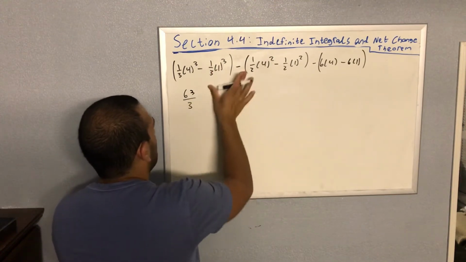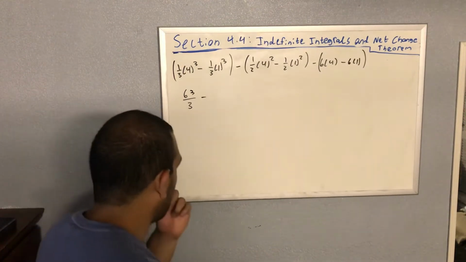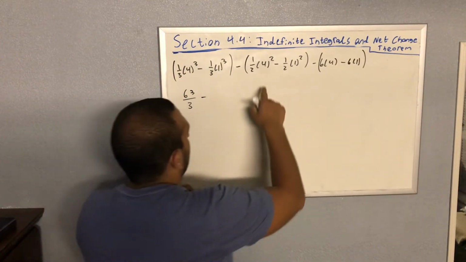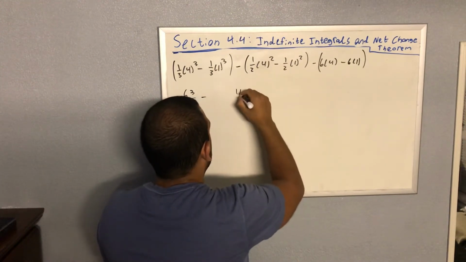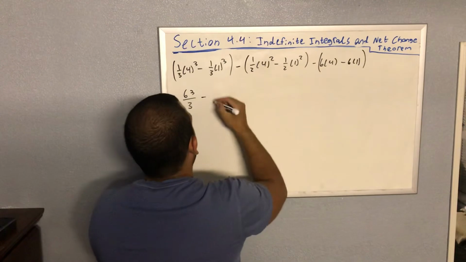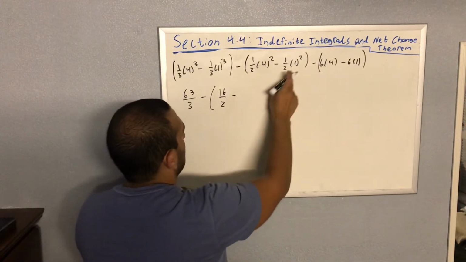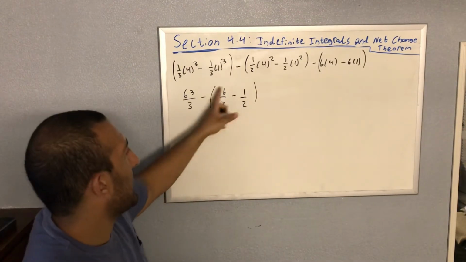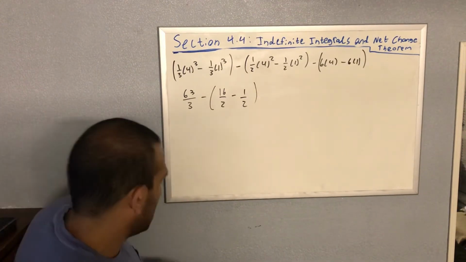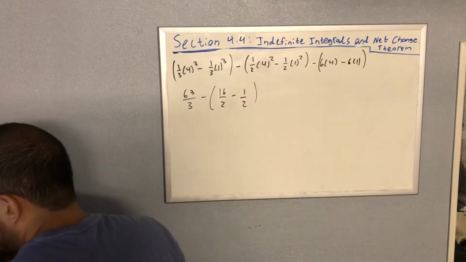So net we get 63 over 3 from this, minus, and now we have 4 squared over 2, so let's just write that as 16. So minus here, 16 over 2, minus 1 squared, so 1 over 2. What does this net give me? It's 15 over 2, so I'm going to have a minus 15 over 2.